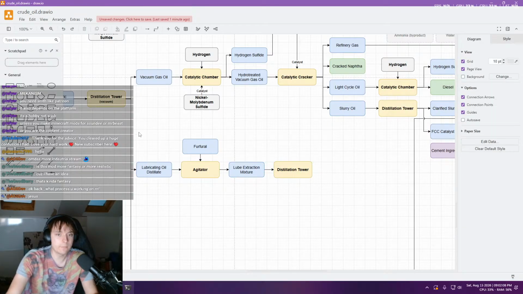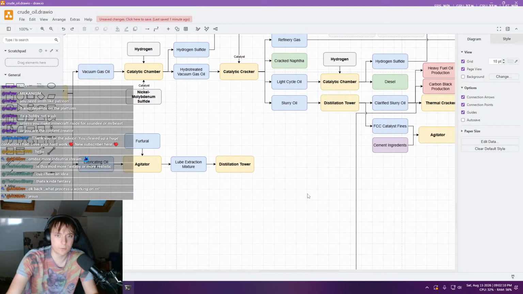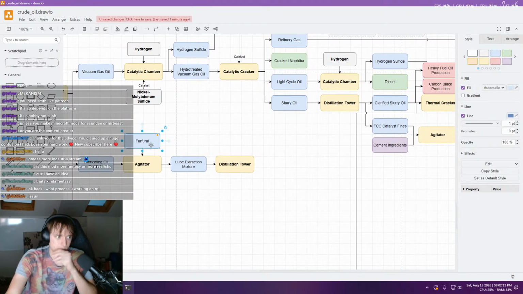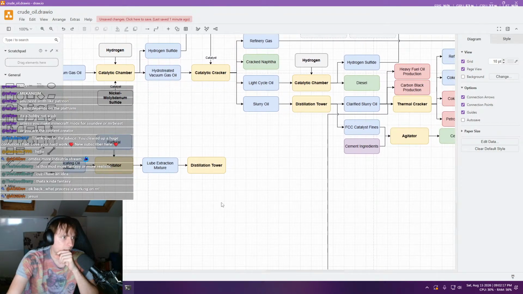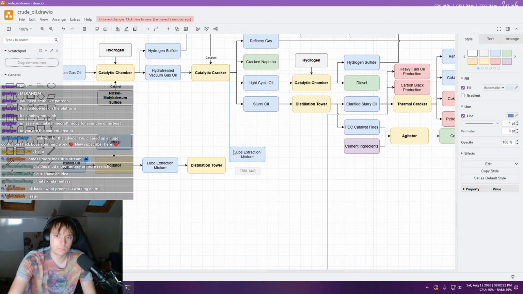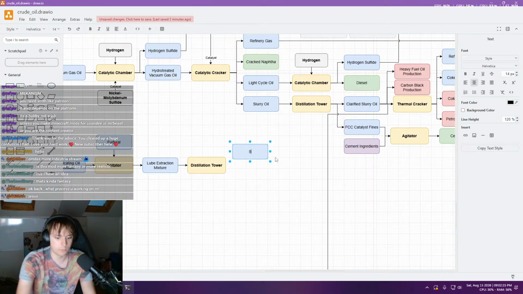Okay, I think we need this, because we need the furfural. But then I think we can go from there straight into a couple things. So solvent refined lube oil.